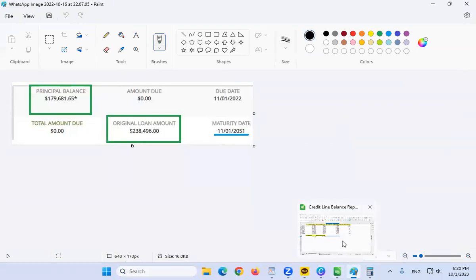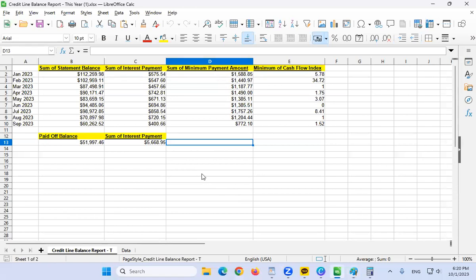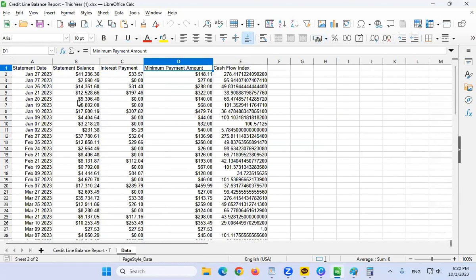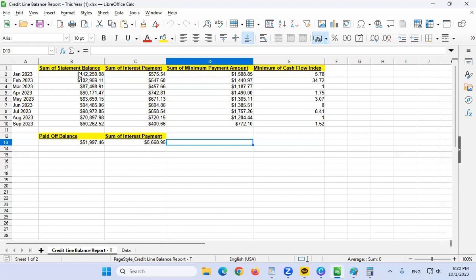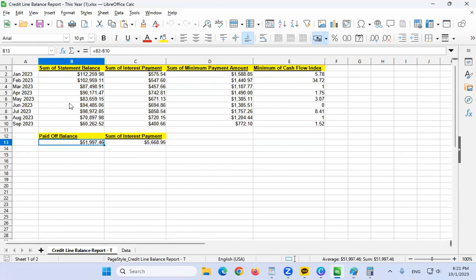Now, another situation where I've been able to use it is with multiple lines of credit. I keep track of my data, my numbers. These are all the balance statements of my lines of credit from this year, 2023, with the interest payments and the minimum payment amounts. I did a sum of all the interest payments and also show you how much I paid off in 2023 in credit lines.